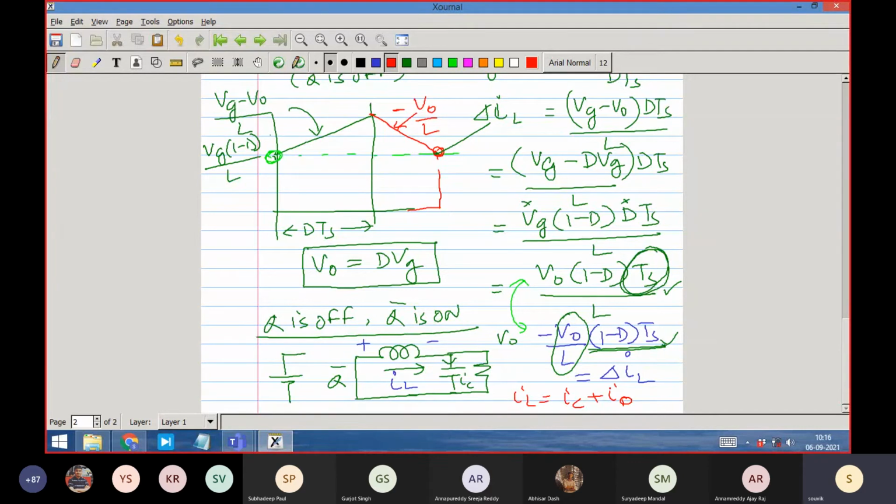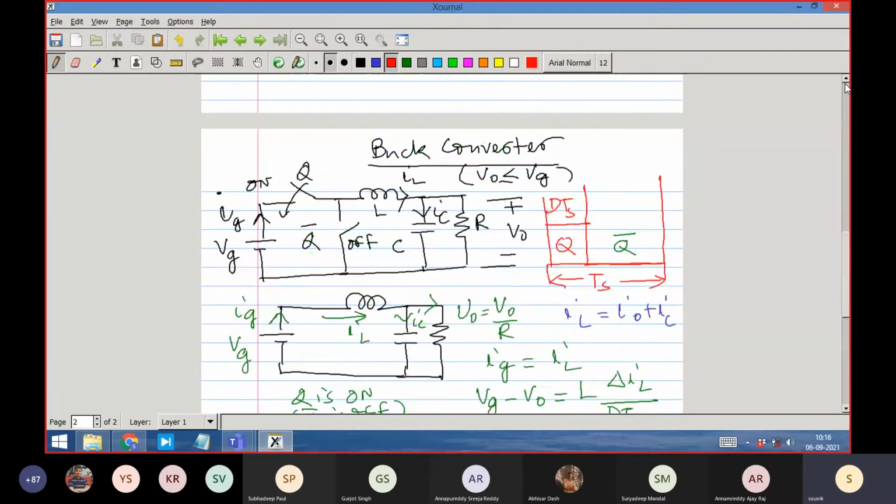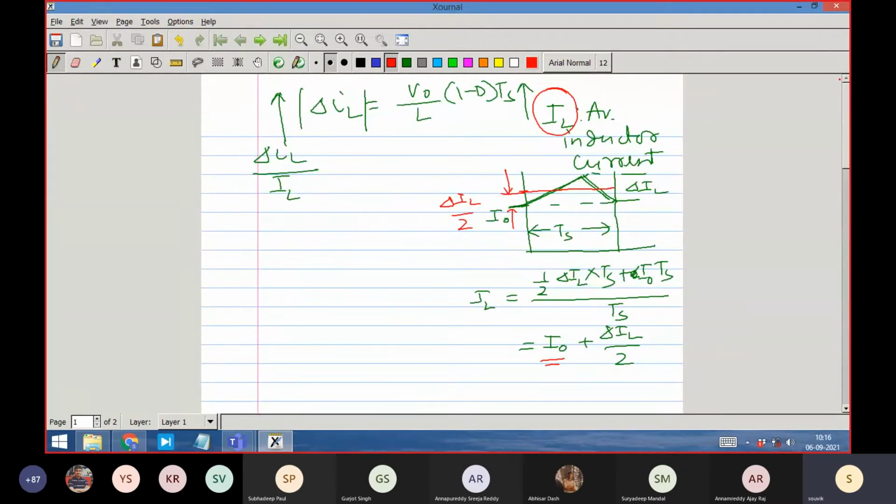So in both cases, this current is given by Kirchhoff's law. I write IL is equal to IC plus I naught all the time. So I integrate IL dt from 0 to Ts and average it.